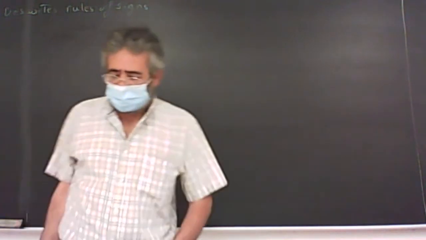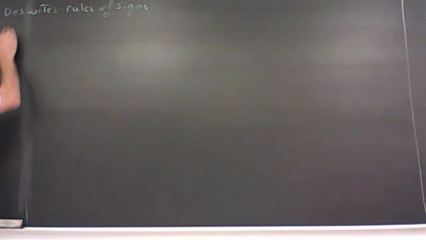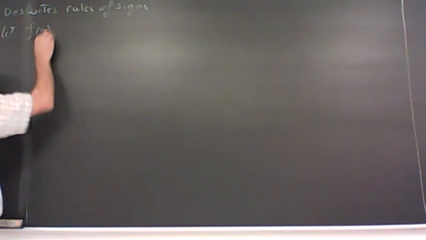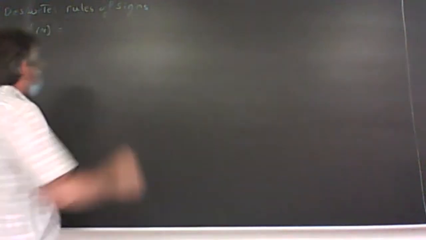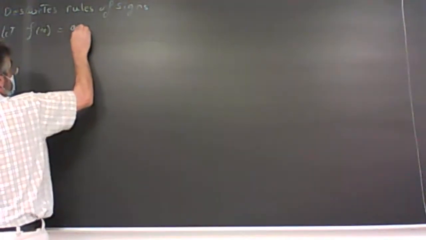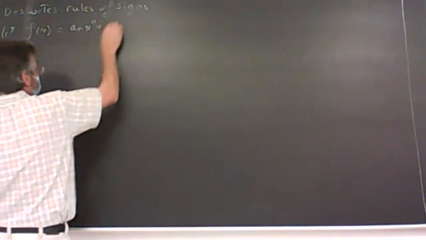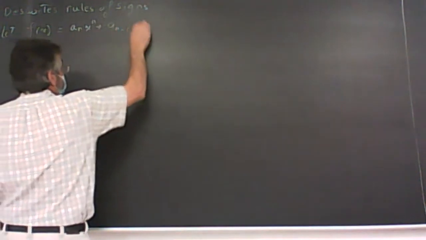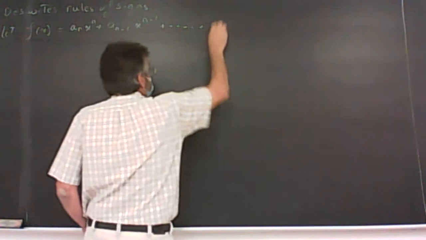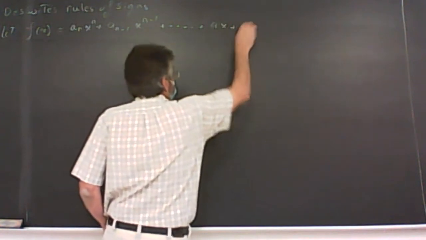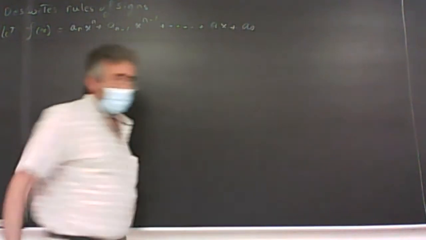Descartes' rule of signs says: let f of x be a polynomial a_n x^n + a_(n-1) x^(n-1) + ... + a_1 x + a_0.